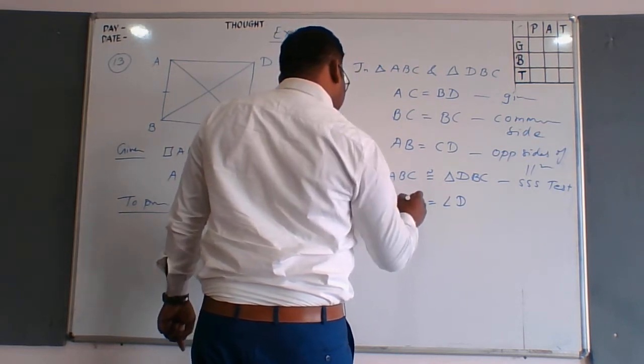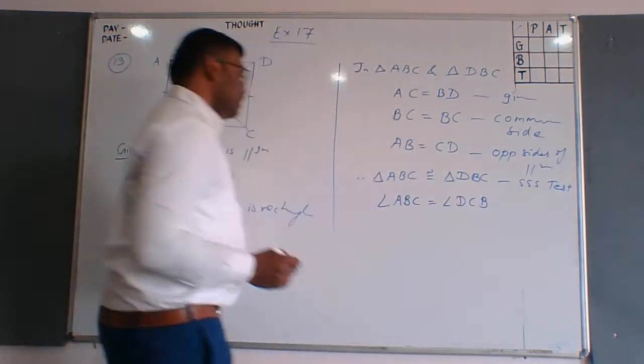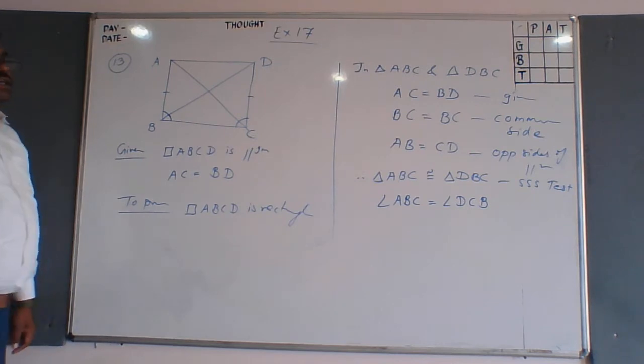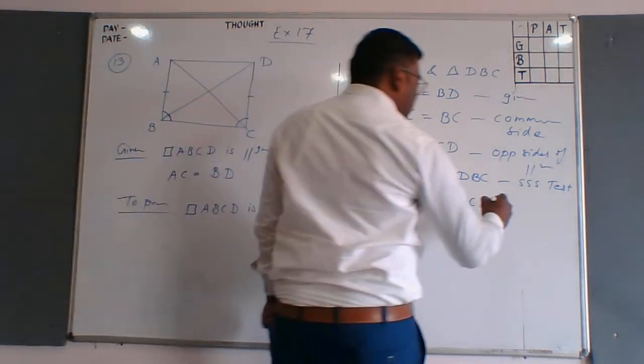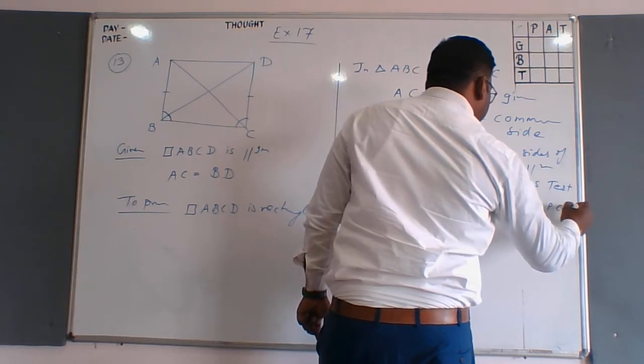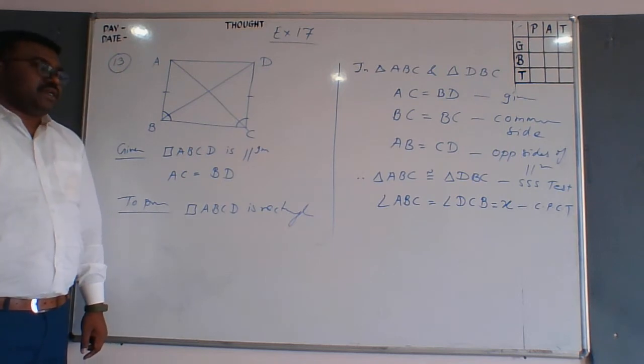We will take the angles ABC and DCB. These two angles we have taken, and we have shown that these two angles are equal by using corresponding parts of congruent triangles. They are the corresponding angles of congruent triangles. Correct?